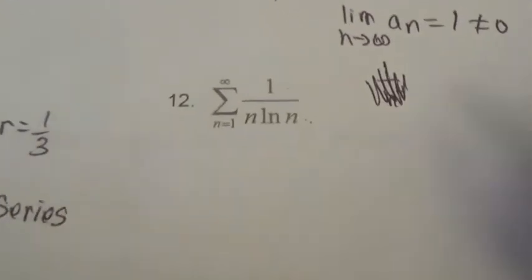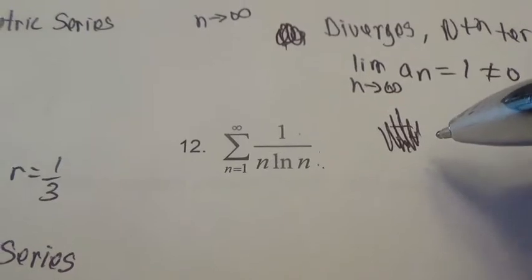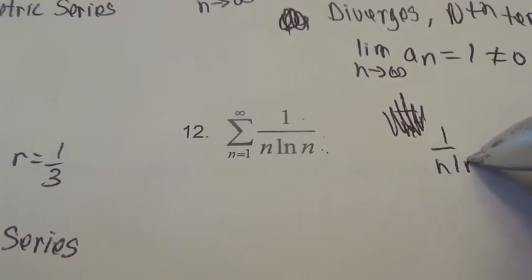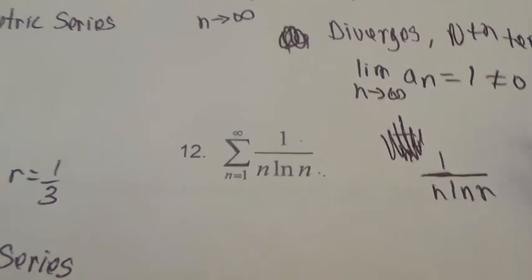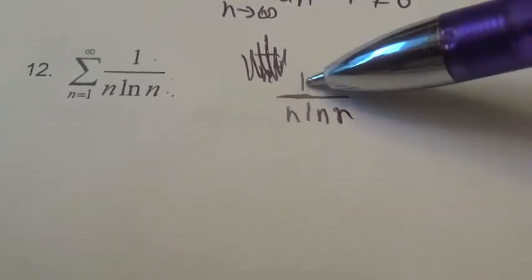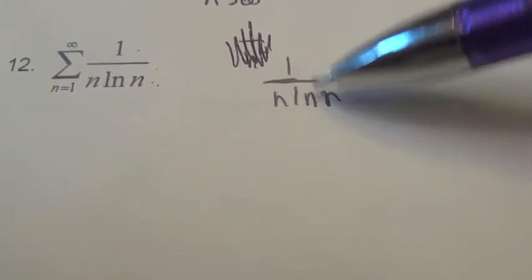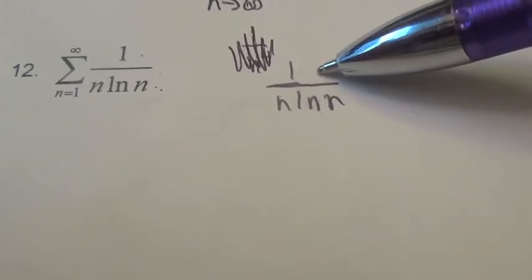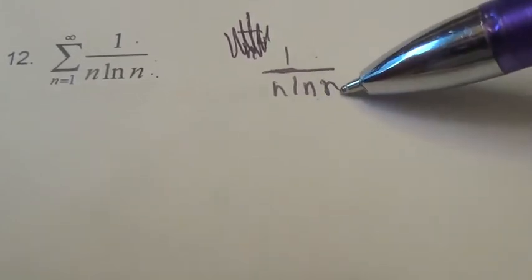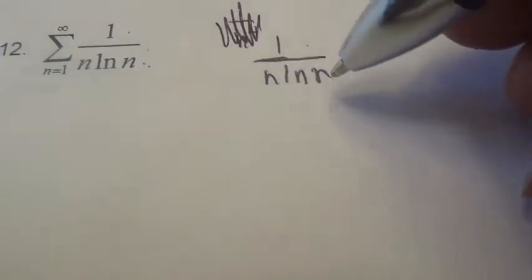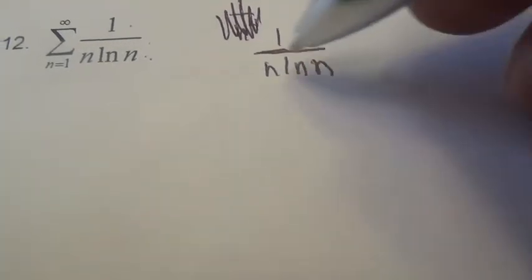I kind of want to do a comparison test just to show you what happens sometimes with these. What we want to do when we compare is keep one or the other the same, usually the constant, and we just want to tweak the other one. So if we're going to keep our numerator the same, we just want to tweak our denominator.